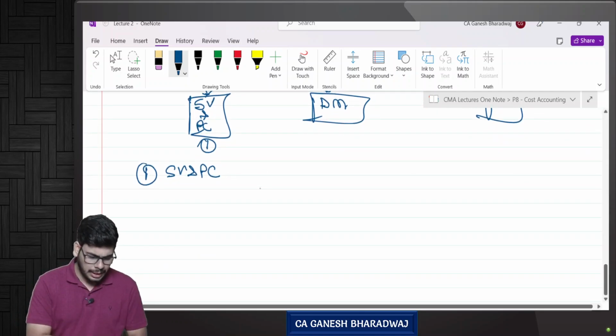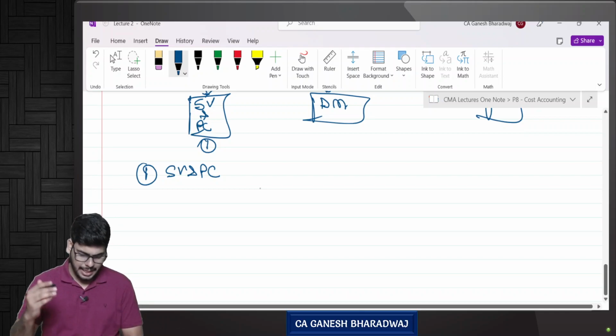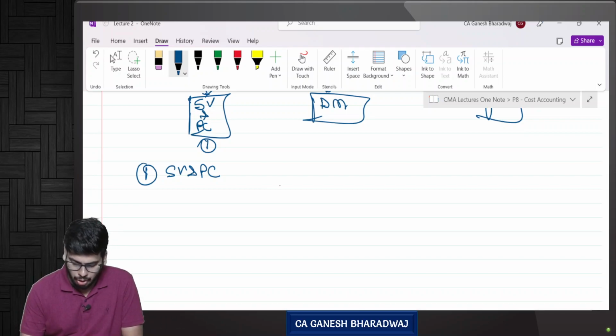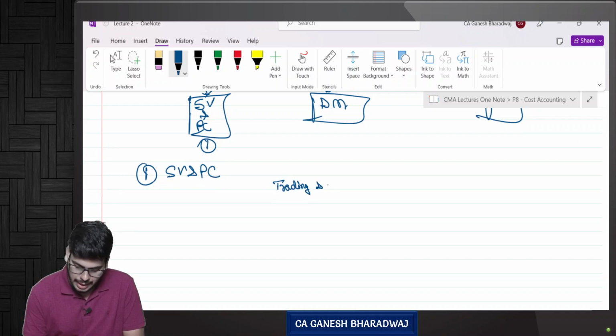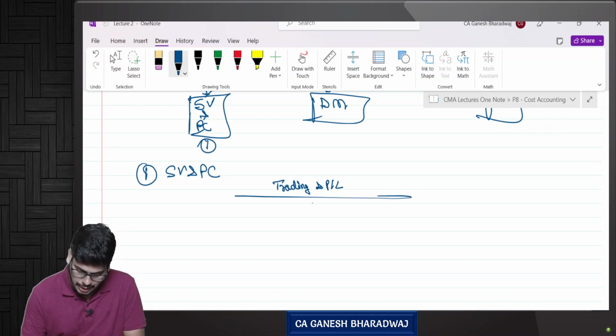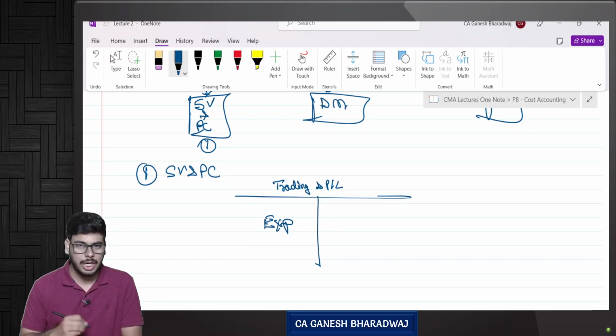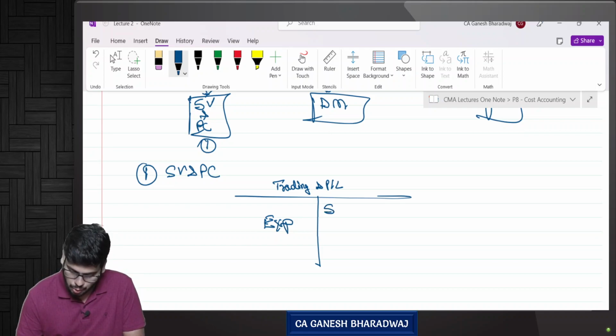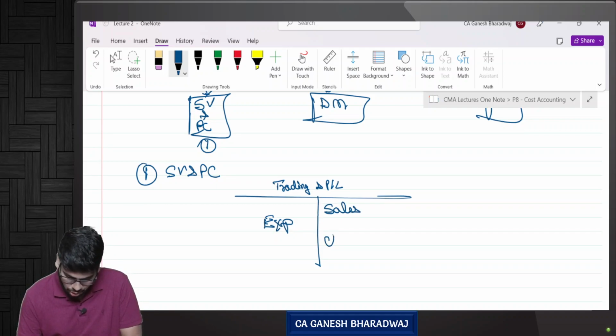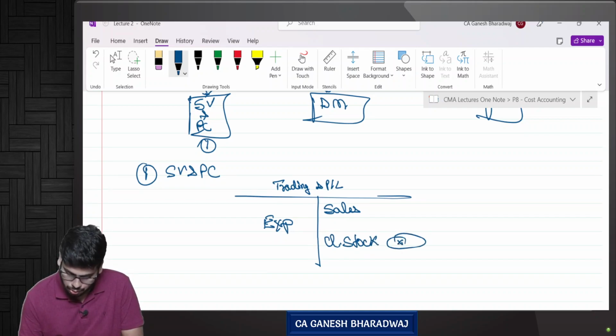You have seen your trading and P&L account. In that, you have expenses debited to the trading P&L account, you have sales on the credit side, and you have something called closing stock.